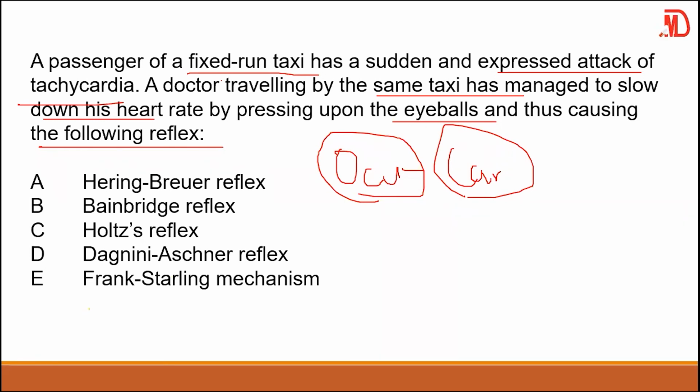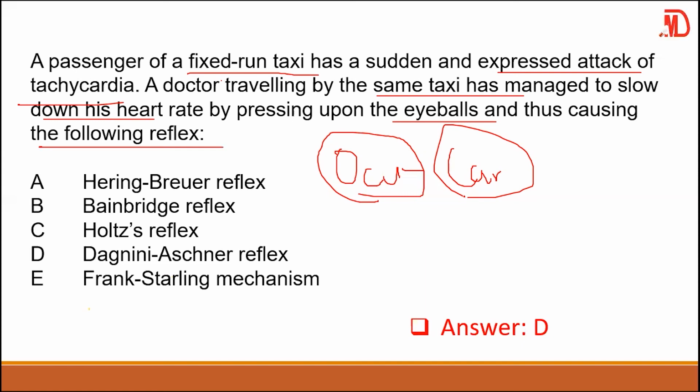And this, so basically, deals with what? The extraocular muscles, and of course, the heart as well. So these are the reflexes that happen when you press the eyeball. So over here, you are looking at the Dagnini-Aschner reflex.